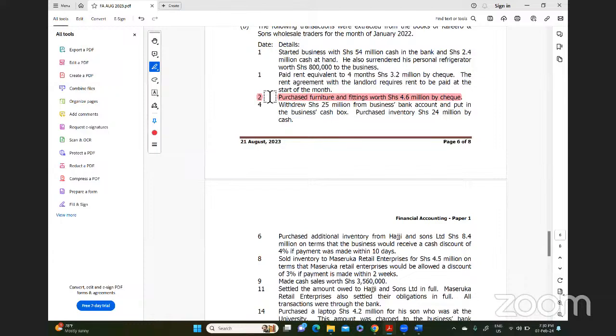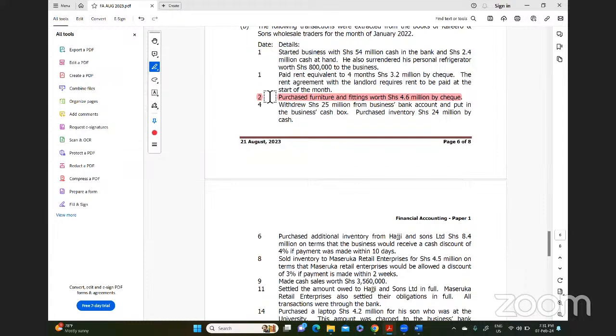The date has been given at the start. Then on 4th, withdrew shillings 25 million from the business bank account and put it in the business cash box. Yes. Full stop. Then purchased inventory of 24 million by cash.